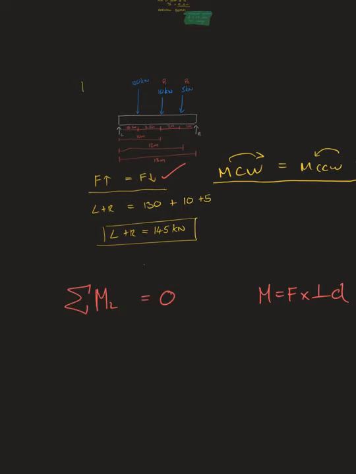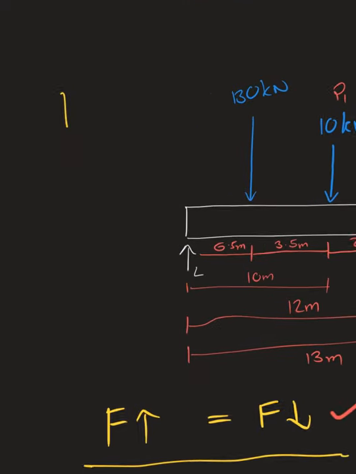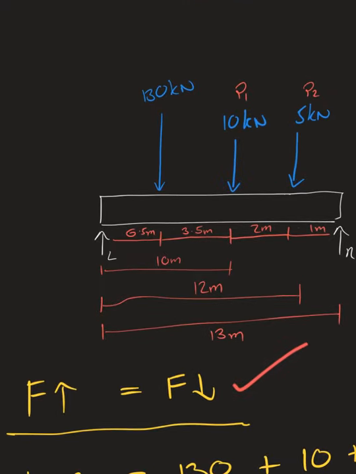So I can fill in that statement that the sum of the moments about L equals 0. And I remember that moments are force by perpendicular distance. So at L, I've got 3 point loads on top. If I was fixed here at L, they would want to push clockwise.